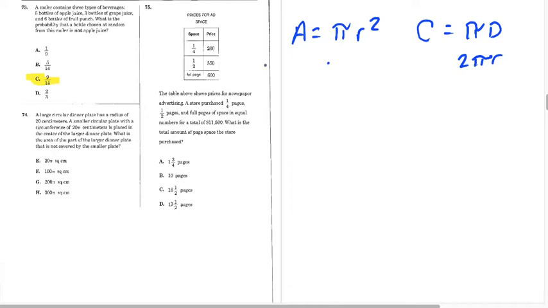We have a radius of 20. 20 times 20 is 400, so we have 400 pi. That's the big plate. Down here we have a circumference of 20 pi, so we divide that by 2 to get our radius, which is 10. 10 squared is 100, so we have 100 pi here. So 400 minus 100 is going to give us 300, which is answer H.